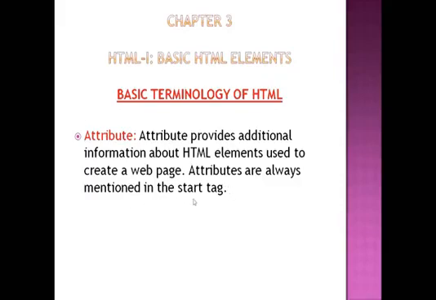Just now we learned that a few tags may have both a start and an ending tag, where the ending tag starts with a slash. But we need to remember that attributes are always written within a start tag, not within the end tag. We'll see some examples. So this is the third basic term of HTML.